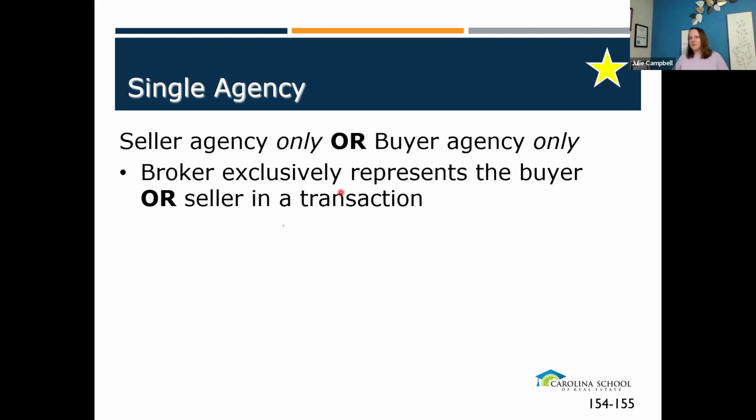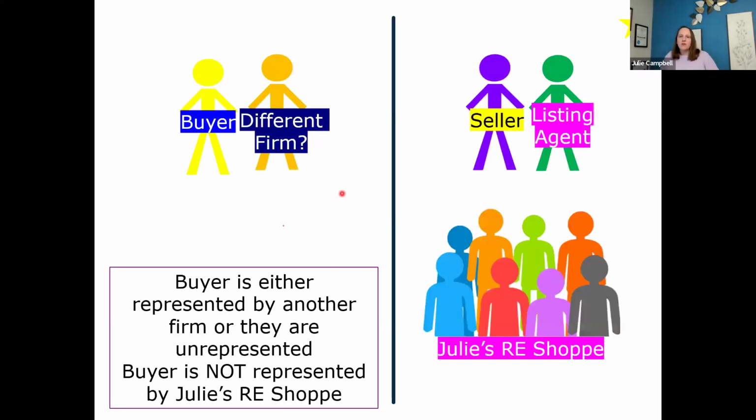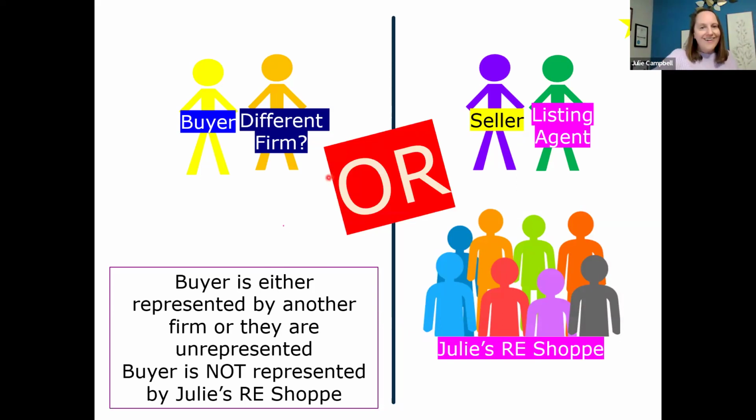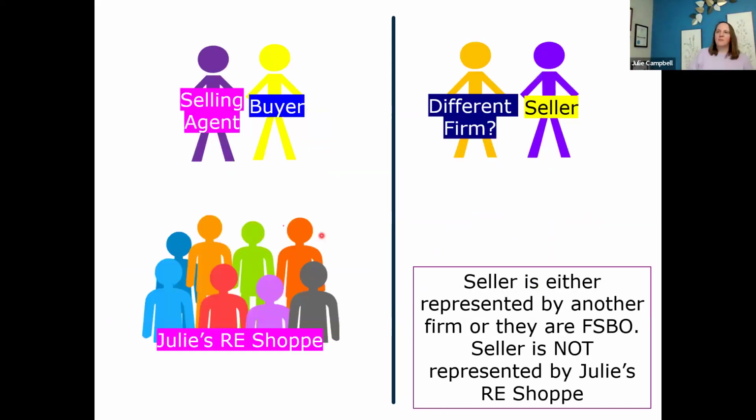So I've got two pictures for this one, depending on what side we're on. Again, Julie's Real Estate Shop is on the listing side with the seller. The buyer is either represented by another firm or has chosen to go it alone, unrepresented. Or Julie's Real Estate Shop is hanging out over here with the buyer.